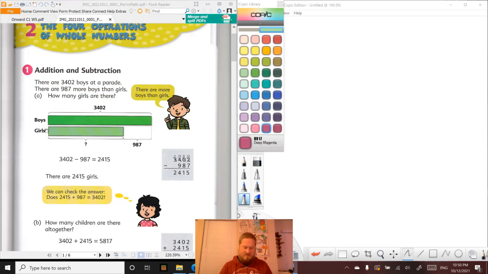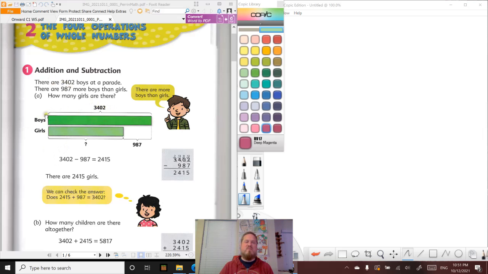doing these bar graphs. Bar graphs will help you solve the problem. A part whole model. I guess this is the comparison model of bar charts or a bar model. So you write out the information that you know as a bar. You got boys, and you know that there's 3,402.